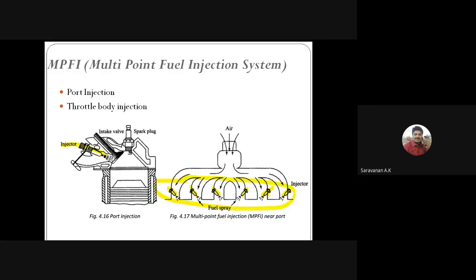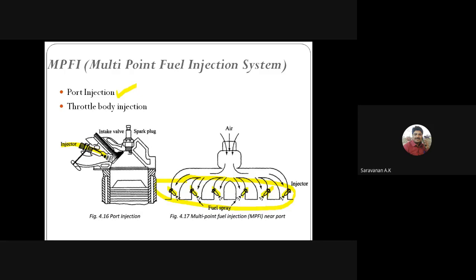Multiple injectors are used for multi-cylinder engines, located in the inlet manifold and very near the inlet opening. This type of injection is called port injection.